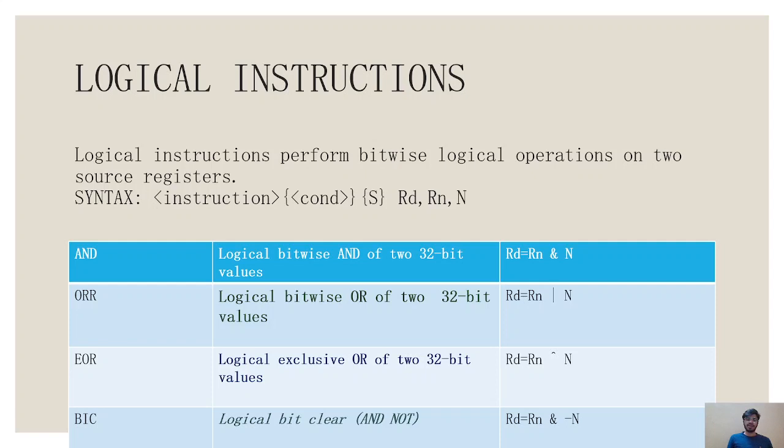Then we have ORR, logical bitwise OR of two 32-bit values. Then we have EOR, logical exclusive OR of two 32-bit values. Then we have BIC, logical bit clear, AND NOT.